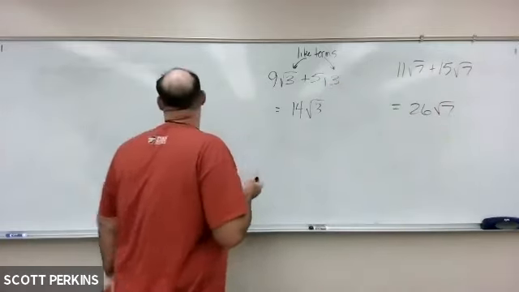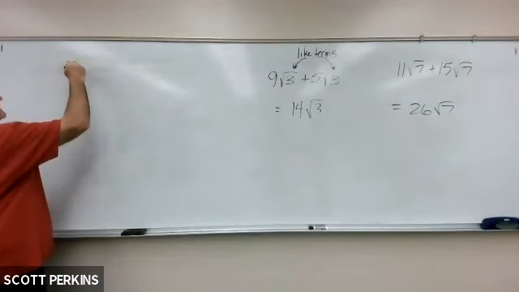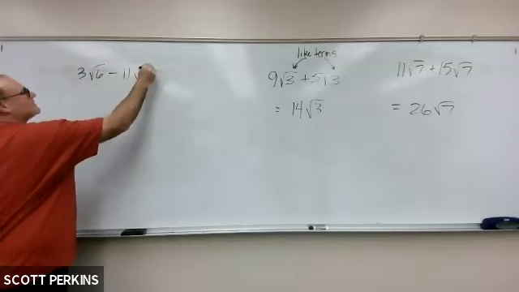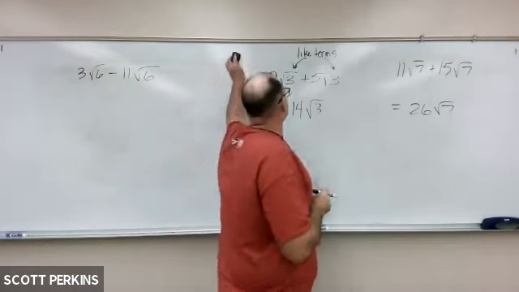Great. Here's the next problem. Let's say that you have 3 square root of 6 minus 11 square root of 6. This time, instead of addition, it's subtraction. That changes almost nothing about the problem.